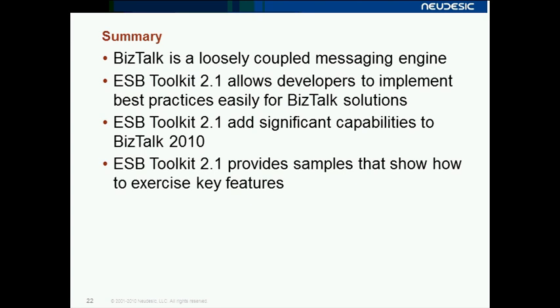Same with the receive location. I went in and added it and included the right pipelines for the ESB toolkit. So there is some knowledge that you need to gain around understanding what are the pipelines that make it ESB toolkit aware and what do they provide. But there is that pre-step of setting those up.